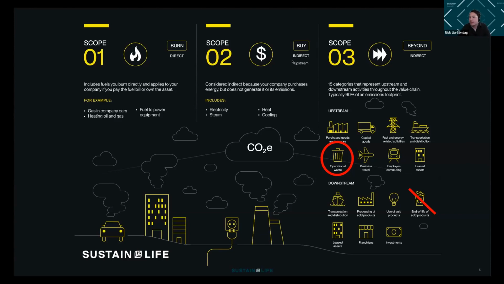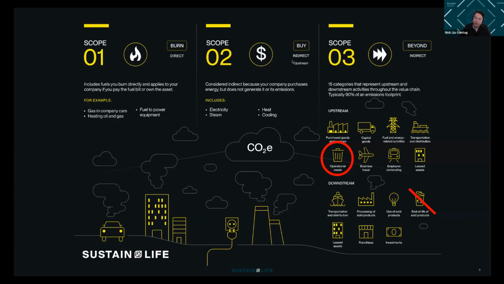Looking here at the greenhouse gas protocol, we have the 3 different scopes of emissions, as well as all the different categories of scope 3 emissions. Just to ground ourselves, so we're all on the same page on what we're discussing today. Today, we're talking about emissions from operational waste, also known as waste generated in operations. This is a scope 3 category because these emissions, though they happen from waste that your organization is producing, the emissions are from third parties.